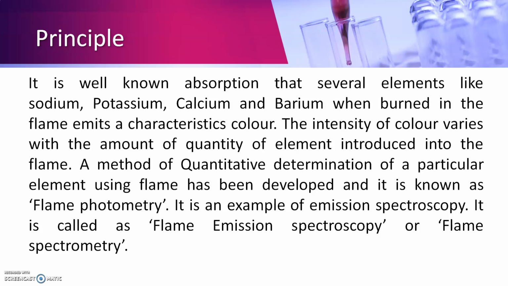The intensity of this color varies with the quantity of an element introduced into the flame, so the method of quantitative determination of a particular element using the flame has been developed, and it is known as flame photometry.